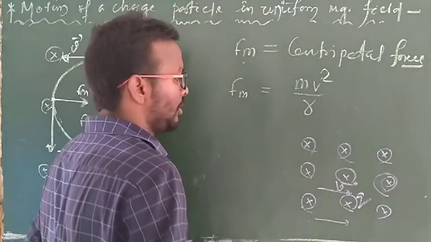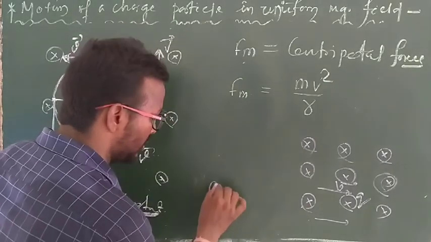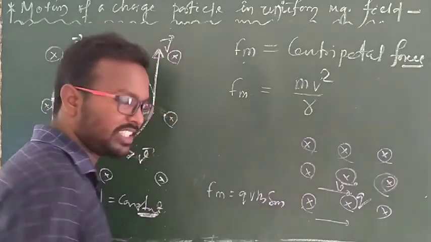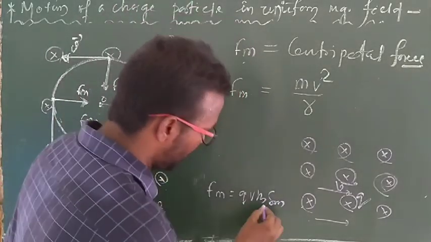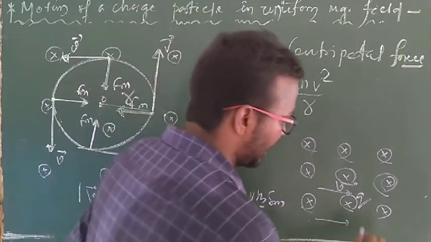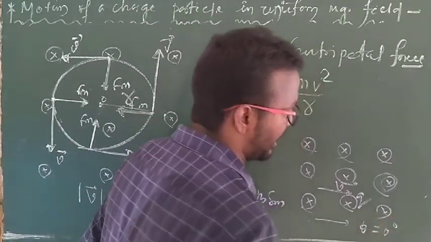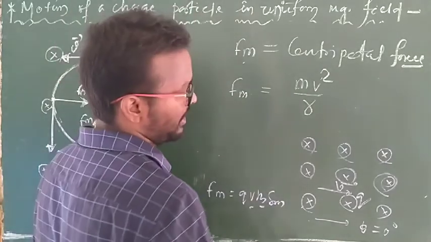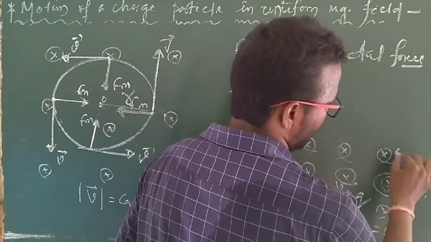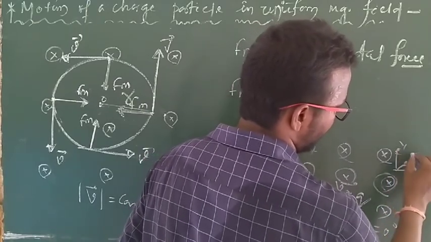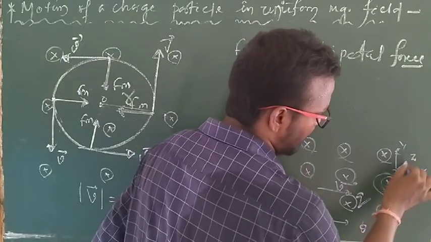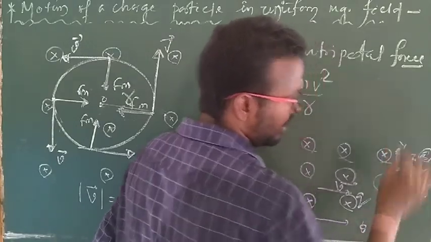So we can write, we know the magnetic force Fm equal to QVB sin theta. What is theta? Theta is the angle between the magnetic field and the velocity vector of the charged particle. But here the angle between velocity vector and magnetic field is 90 degrees, because along the x, y and z axes, the velocity is along the x axis and the magnetic field is along the z axis.